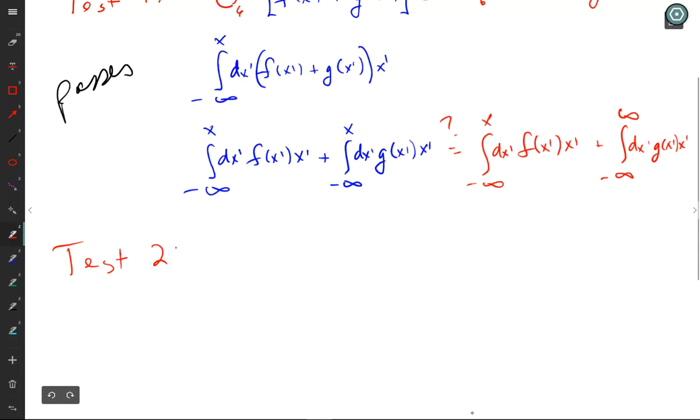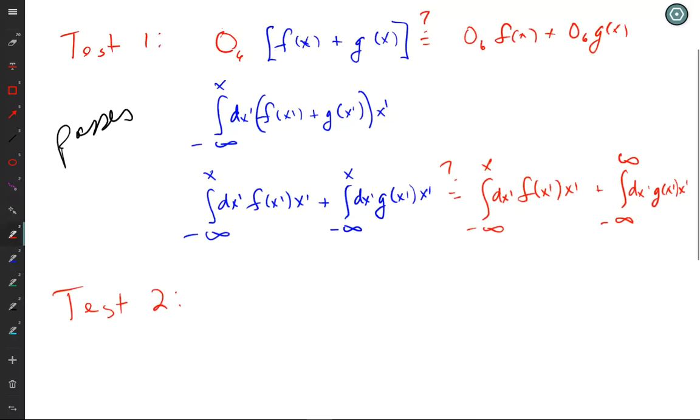And test 2 is trivial because that's one of our rules of integrals, that a constant can move through the integral. But we're doing the work.